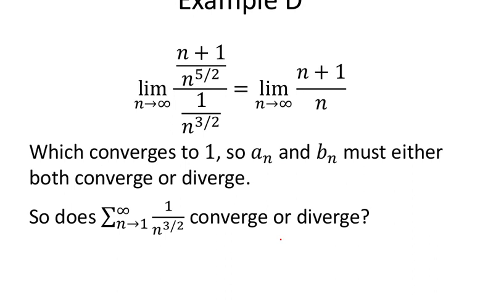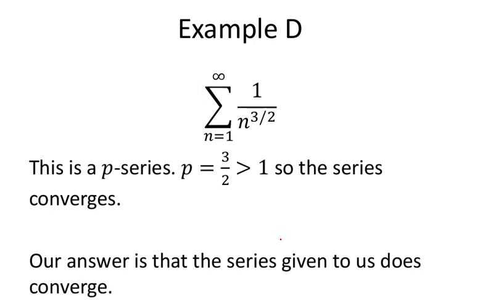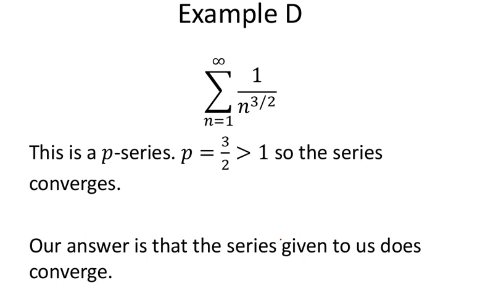So now the question is, does 1 over n to the 3 halves converge or diverge? We have to test that against the types of series that we've looked at in the past. It's a p series, and p is equal to 3 halves, which is greater than 1. So this series converges, and so that tells us the other series will also converge.